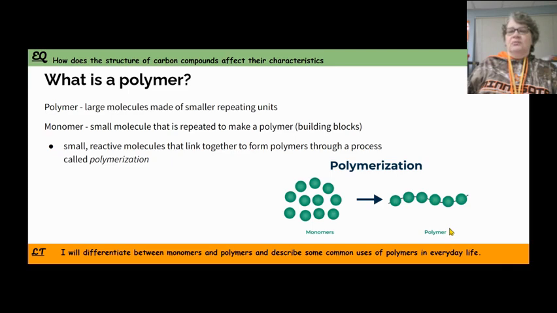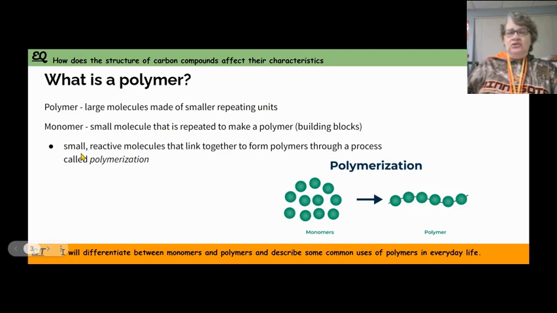These are called polymers. Polymers are large molecules made up of smaller repeating units. So when we say repeating units, we mean this one is the same as this one, is the same as this one, is the same as this one, right? But then when they come all together in one big chain, they become a polymer.